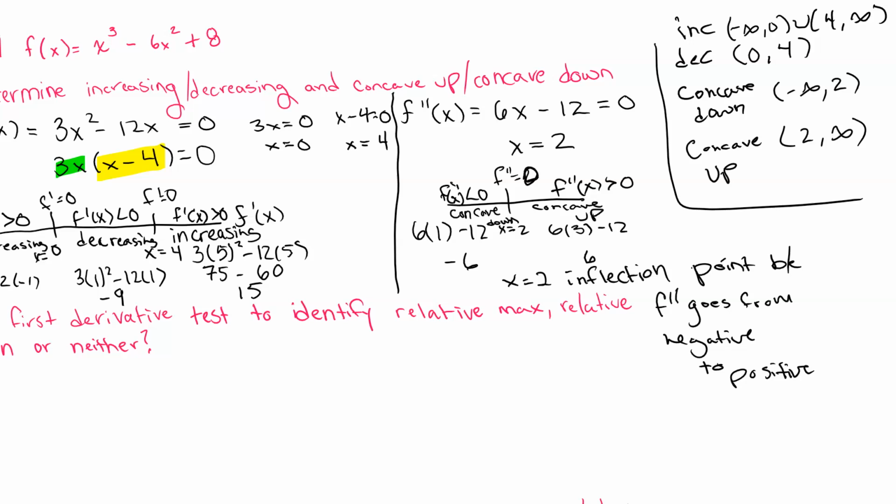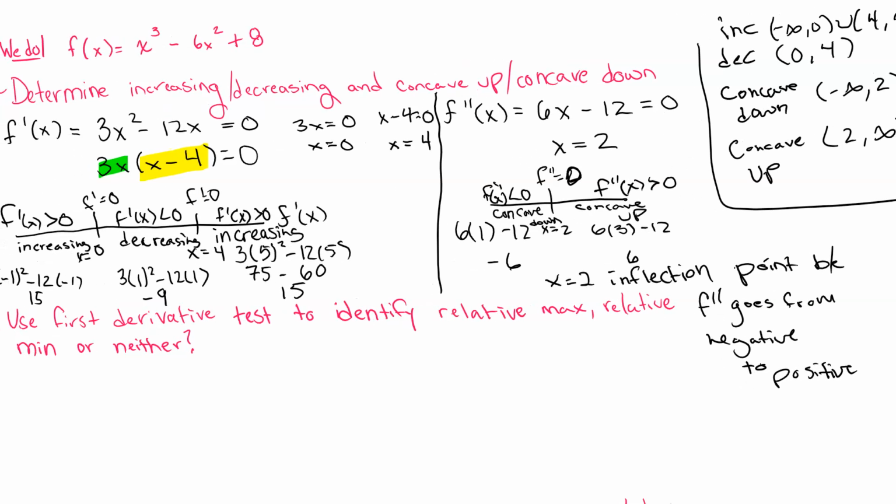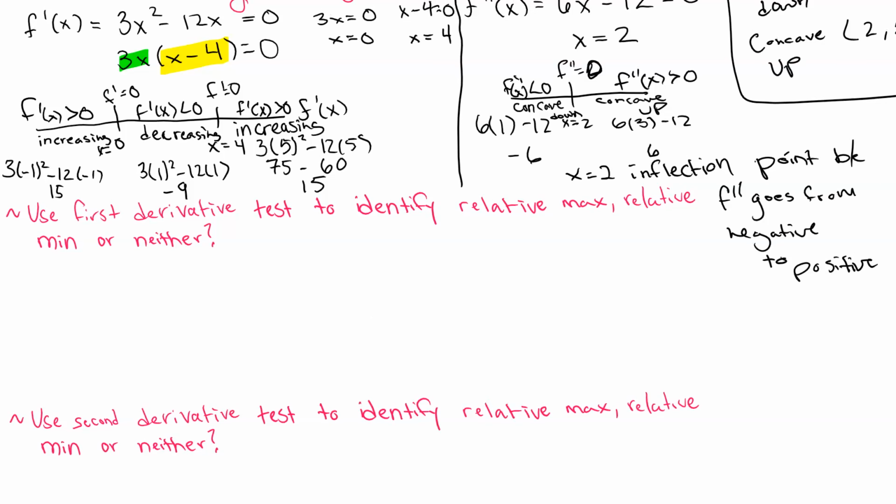All right, so the first derivative test, we're looking at the values of the first derivative. So we're going to be looking at the information we have on the left side. So x equals 0 is going to be a relative max.